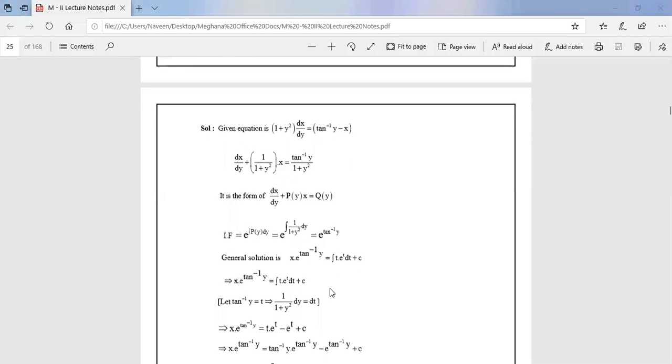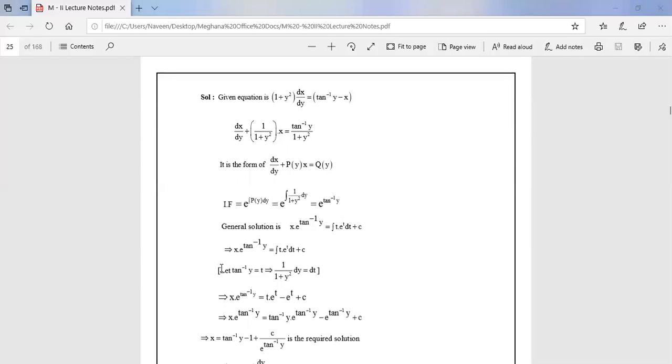So x into e power tan inverse y is equal to integral t into e power t dt plus c. We got this by substituting tan inverse y as t and 1 by (1 plus y square) dy as dt.